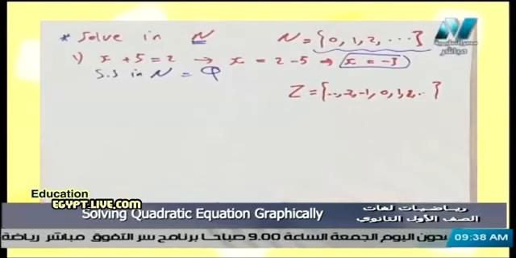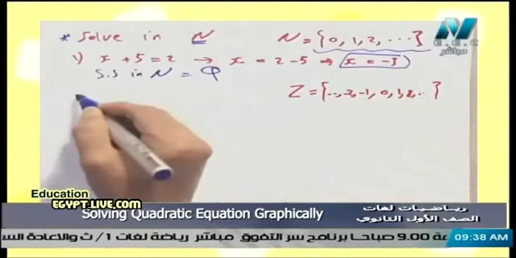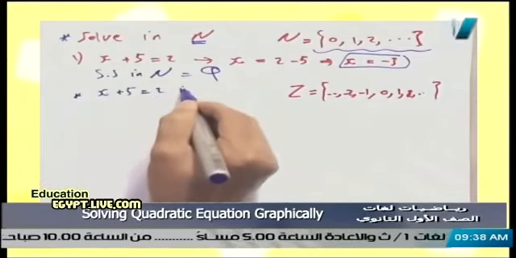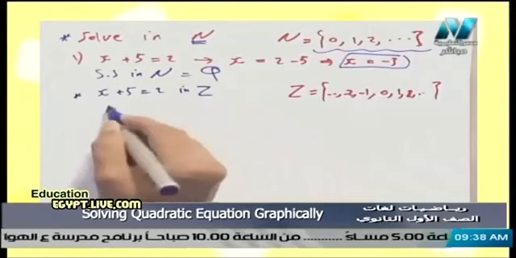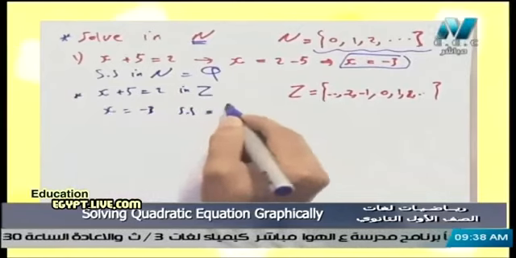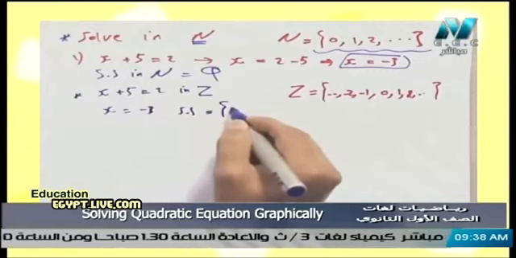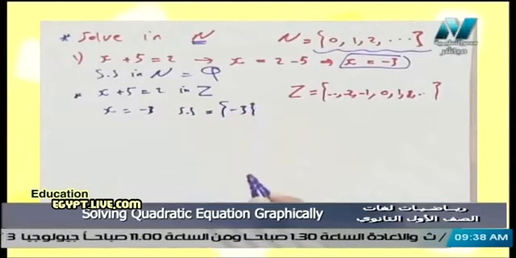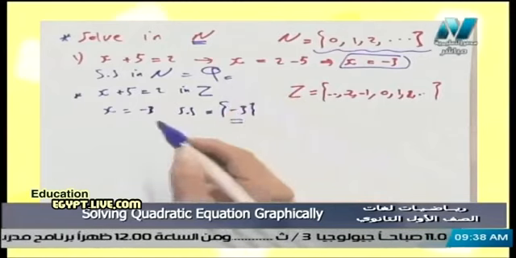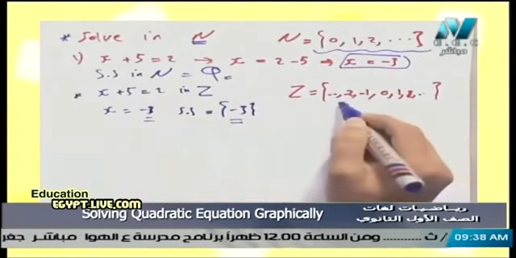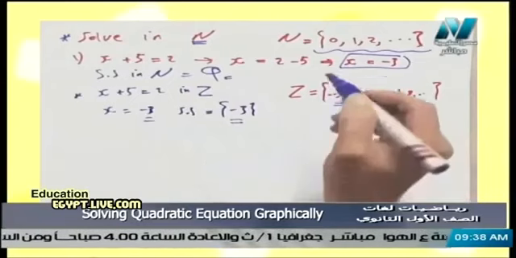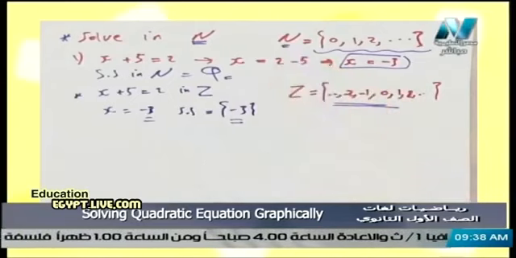So if you ask me to solve this equation, which is x plus 5 equals 2, in Z, the solution set will be, of course, -3. Why is there a solution here but not there? Because -3 exists in the integer numbers but doesn't exist in natural numbers.